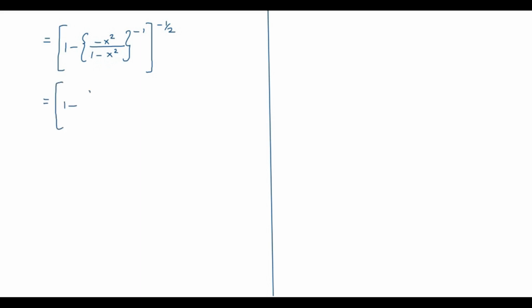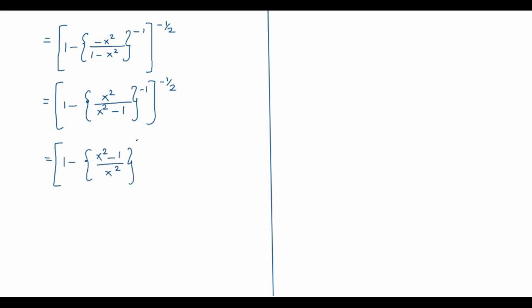So we get negative x square divided by x square -1 whole to the power of -1 whole to the power of -1 divided by 2. Now I am going to change this -1 to positive 1. When I change the sign of the exponent to positive, I have to take the reciprocal for this one. So I get negative x square -1 divided by x square whole to the power of -1/2.